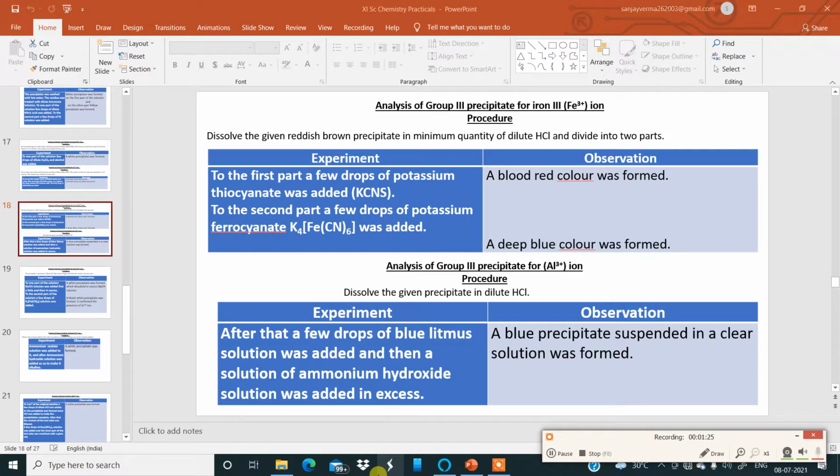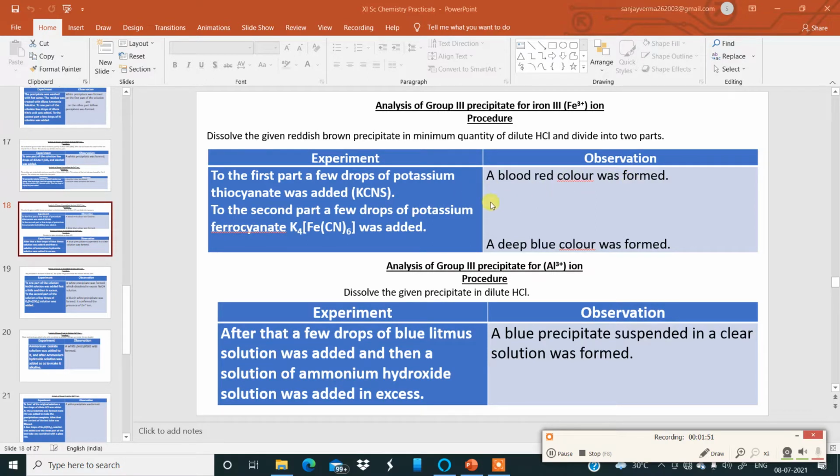Once the precipitate is obtained, it must be dissolved in dilute HCl and divided into two parts. To the first part, I add a few drops of potassium thiocyanate solution, KCNS, and I will obtain a blood red color.